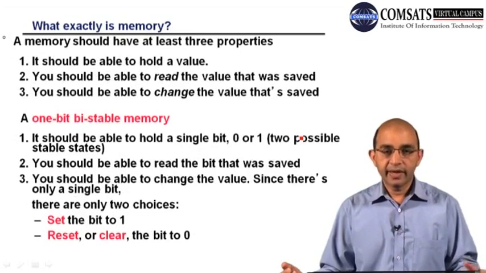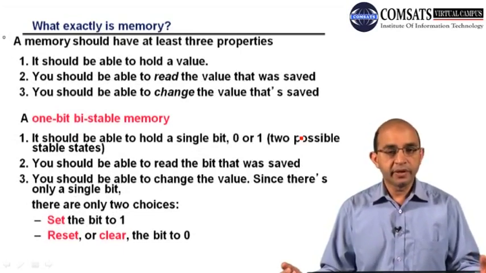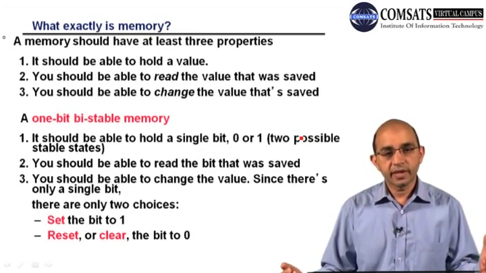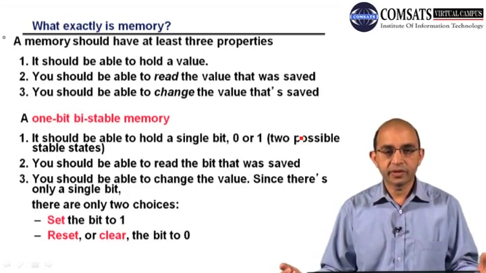As we have discussed, for sequential circuits we need memory, because we need to consider the previous state. So we need to store that state somewhere else, and for that storage, we need memory.